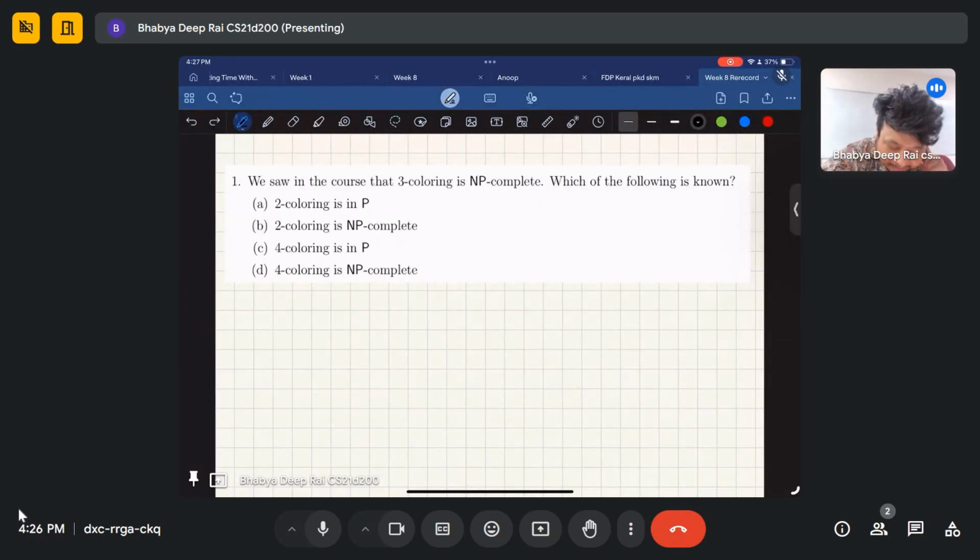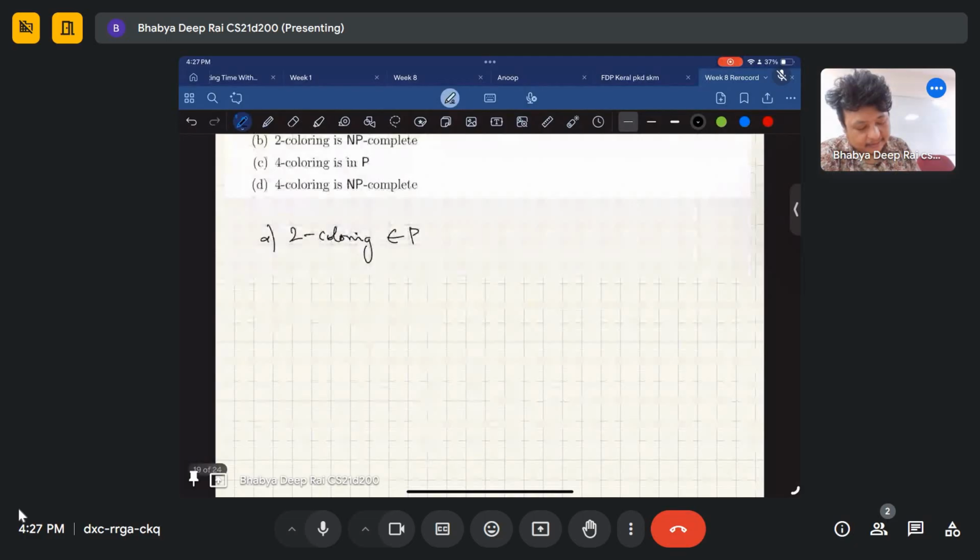Here's another question. We saw in the course that 3 coloring is NP complete. You can reduce 3SAT and so on to it. Which of the following is known? 2 coloring is in P. Is 2 coloring in P or not? This is yes. Why?